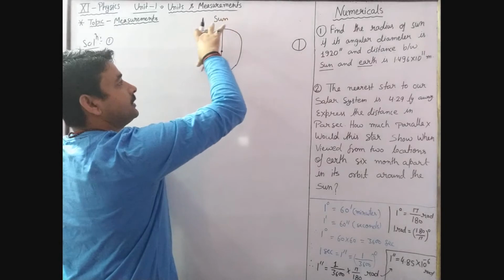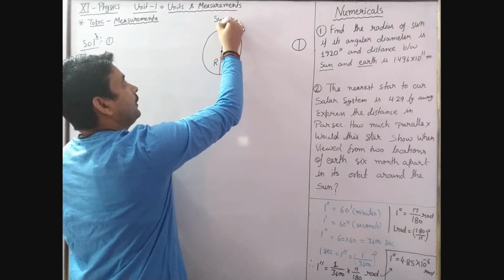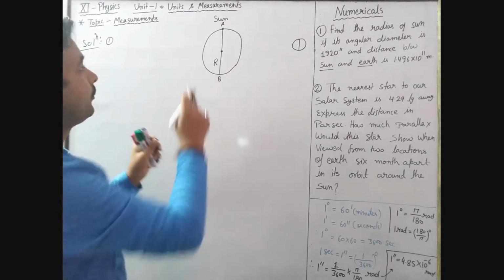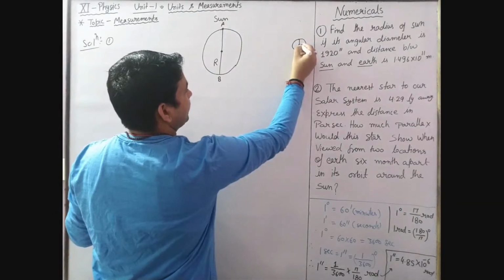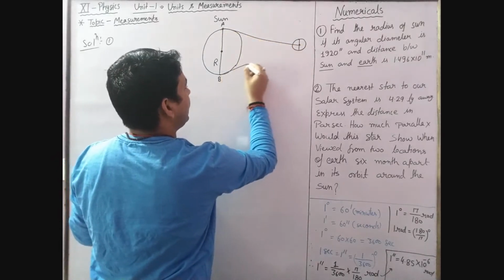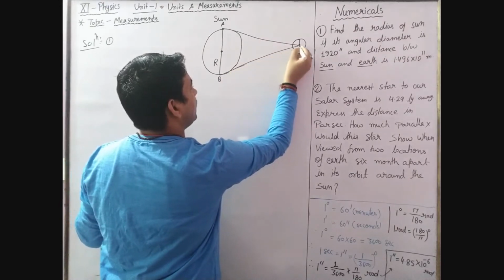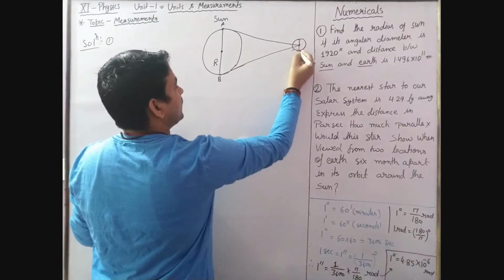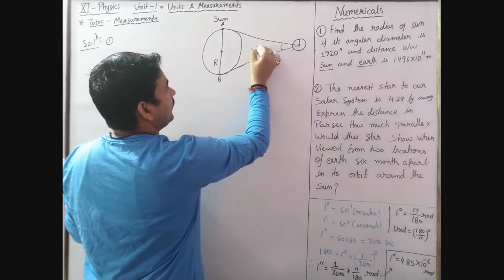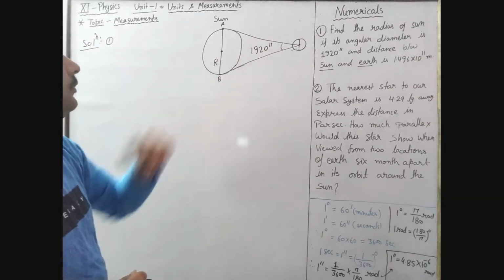Suppose this is the measuring point, so we use here A, B as basis and it is like a point. So when we join this point from the 2 points A and B, then we observe that this is the angular diameter which is given to us, that is 1920 seconds.